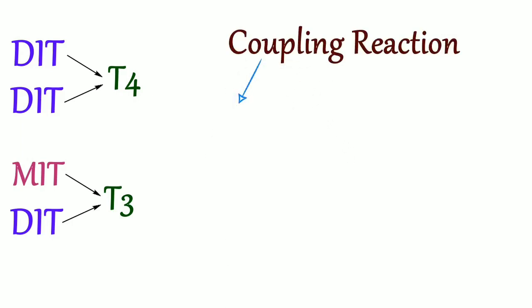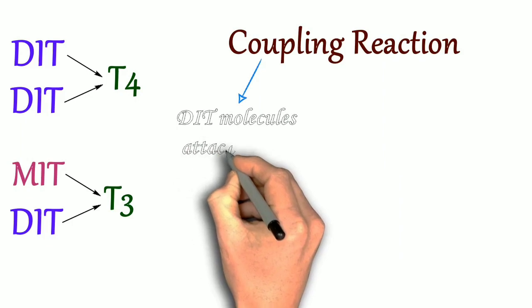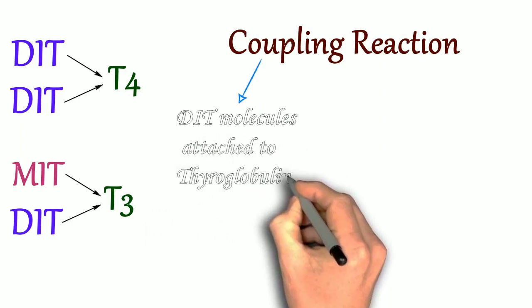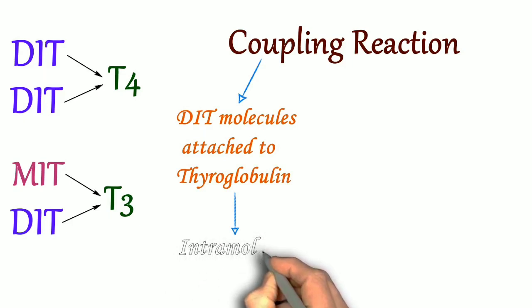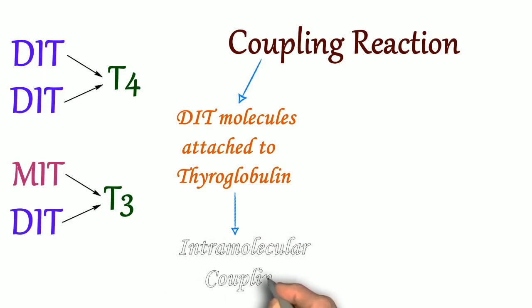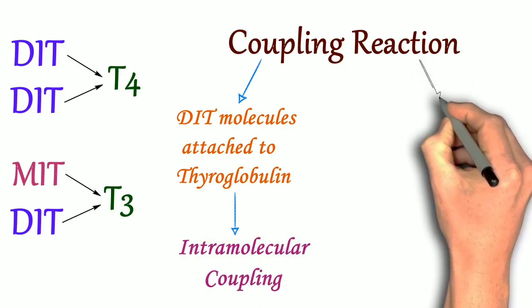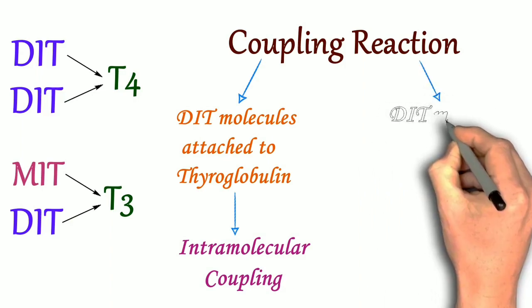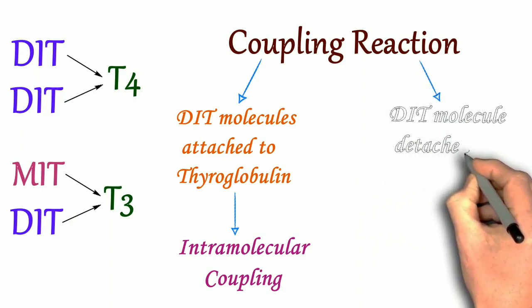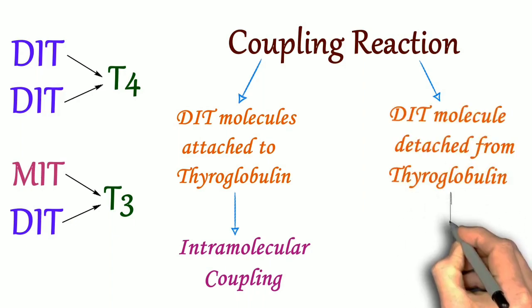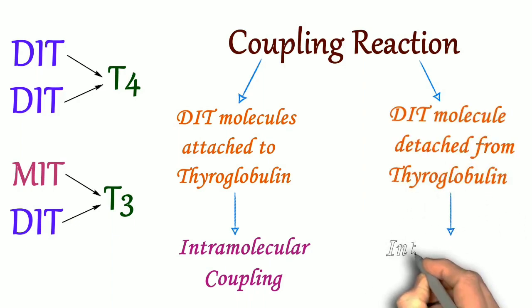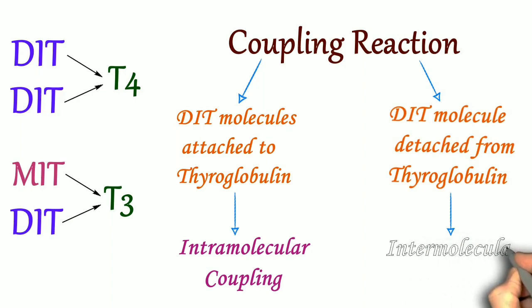One holds that the coupling occurs with both DIT molecules attached to thyroglobulin. That is called intramolecular coupling. The other one holds that the DIT that forms the outer ring is first detached from thyroglobulin and then the coupling occurs. It is called intermolecular coupling.